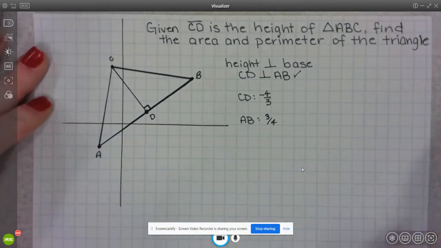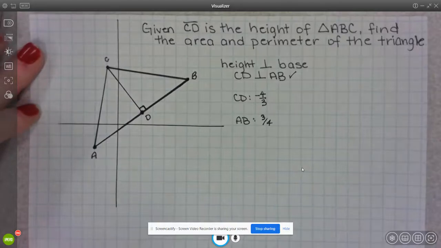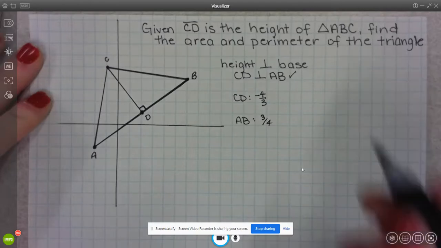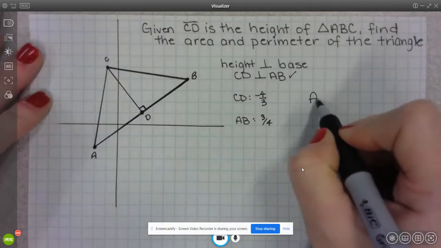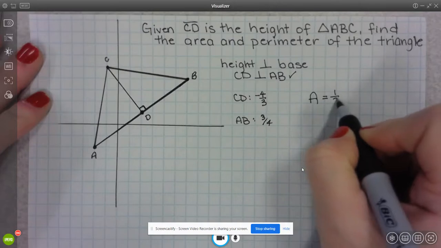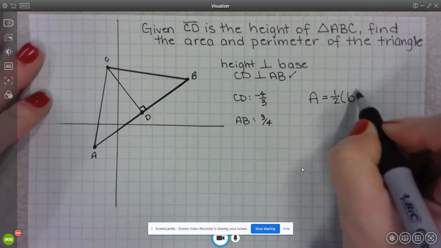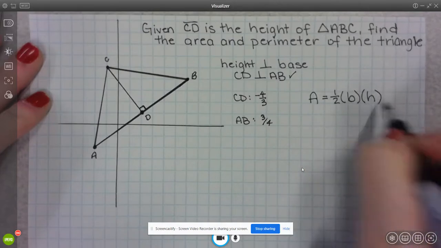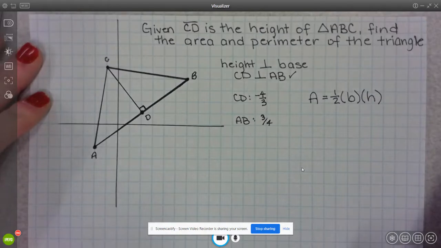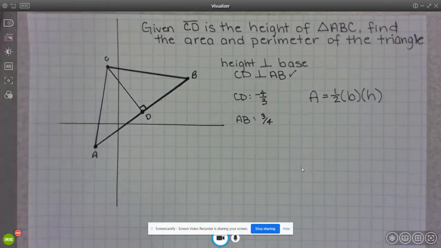Now that we are sure that CD is the height, we're going to do the area and we're going to do the perimeter. So let's start with area. The area of a triangle is 1/2 of the base multiplied by the height. Well, that means we're going to have to do some distance formula again. Woohoo!